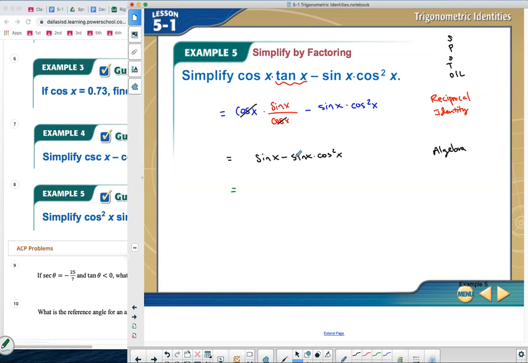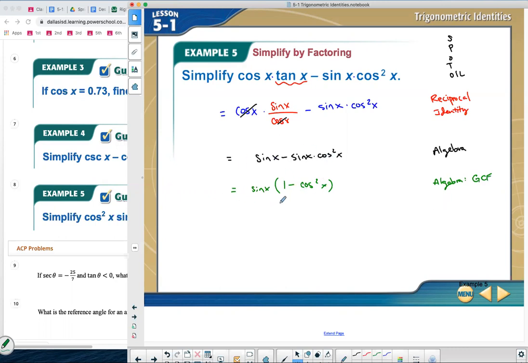What do both terms here have? They both have sine. So if we factor out the sine, sine divided by sine is 1. It's like the opposite of distribution, pulling out the sine. And over here, I'm left with cosine squared. This is also called algebra. Specifically, that's a GCF.